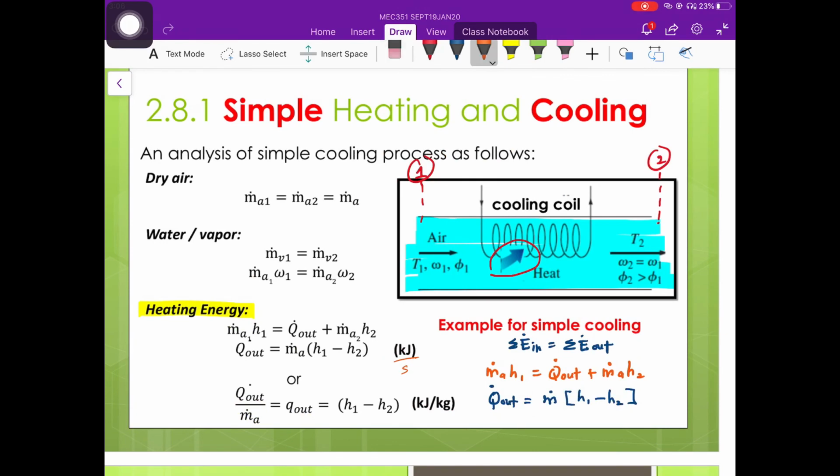Please note that this portion of energy represents the energy coming into our system, and this portion is the energy leaving our system.